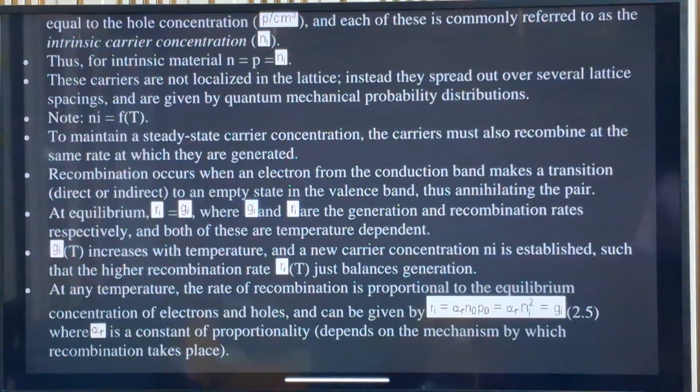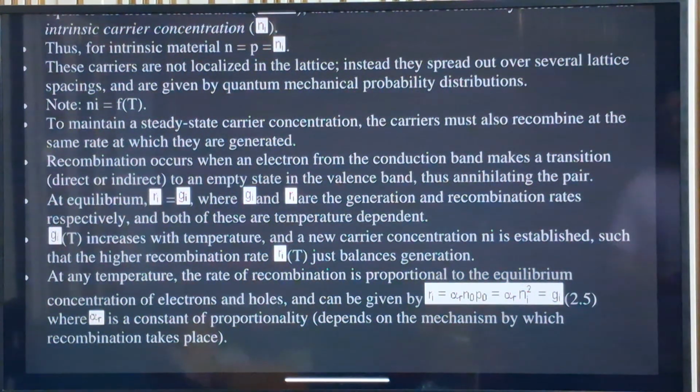To maintain a steady state carrier concentration, the carriers must also recombine at the same rate at which they are generated. So what happens is that we are aware that when thermal energy hits the lattice, the electrons basically get thrown off from the valence band into the conduction band, leaving behind an empty state called a hole.